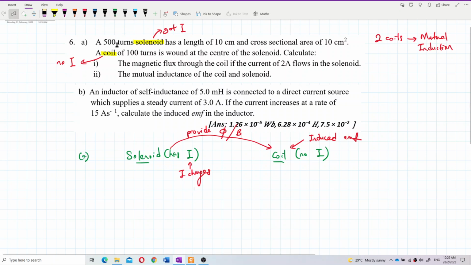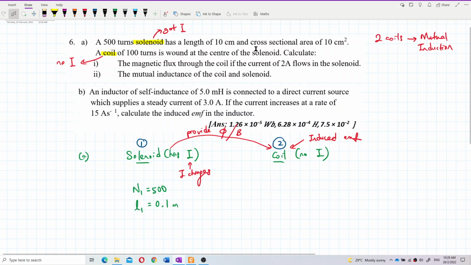We have the 500 turns. Maybe we should label the solenoid as number 1 and the coil as number 2. So for the solenoid, N1 is 500 turns, and the length, L1, is 10 centimeter, so change to meter: 10 centimeter divided by 100 gives 0.1 meter.